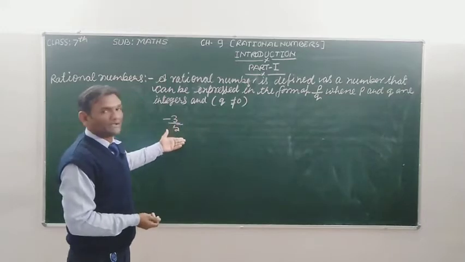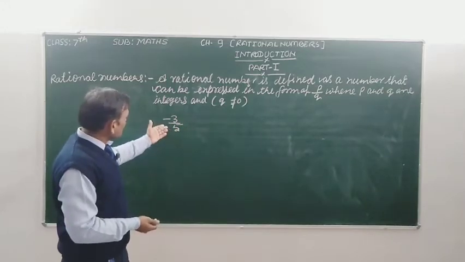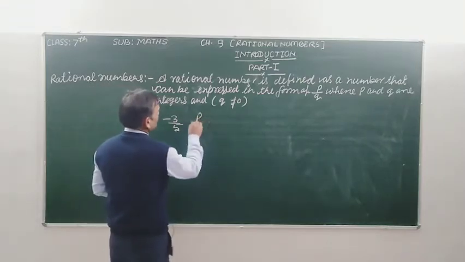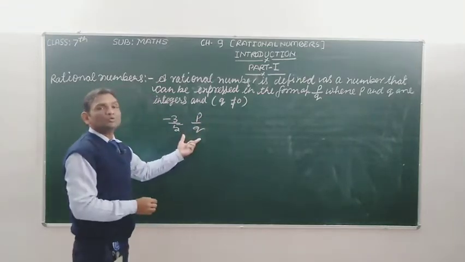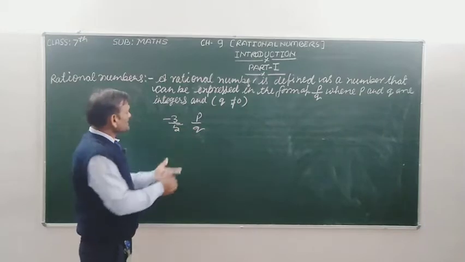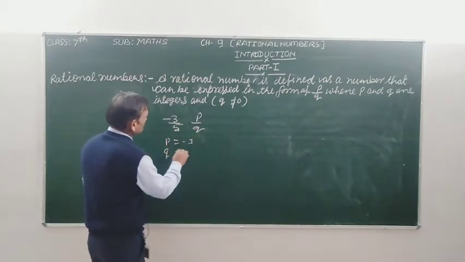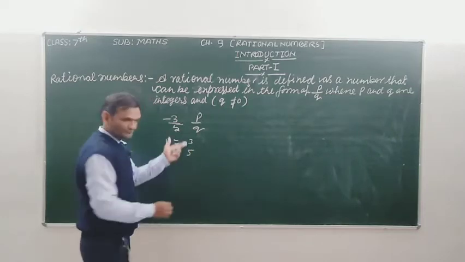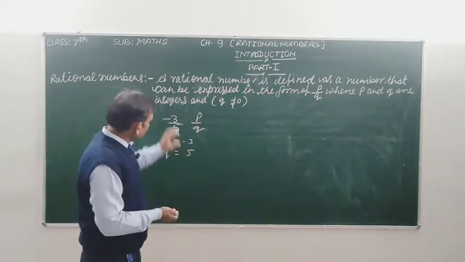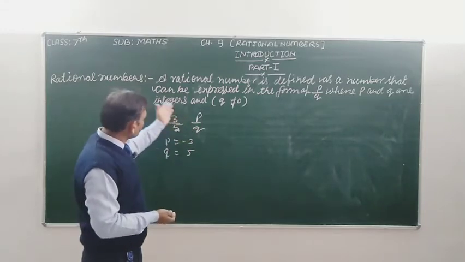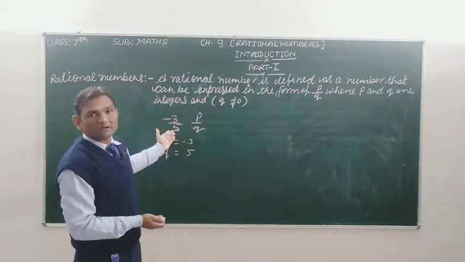Because we are writing this number in the form of P upon Q. It means P is equal to minus 3 and Q is equal to 5. I have written this number in the form of P upon Q. So, minus 3 upon 5 is a rational number.